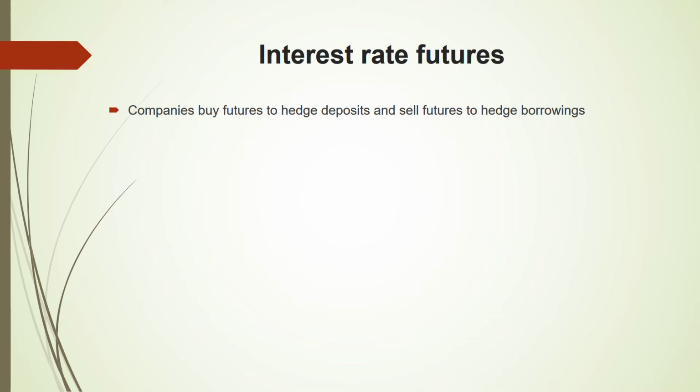When it's a borrowing, you sell future. So for deposit, buy future. For borrowing, sell future. You need to remember this. Now, for IRF, interest rate future, the minimum price movement is usually 1 basis point. You need to understand this. In interest rate future, we have this, not in currency risk.